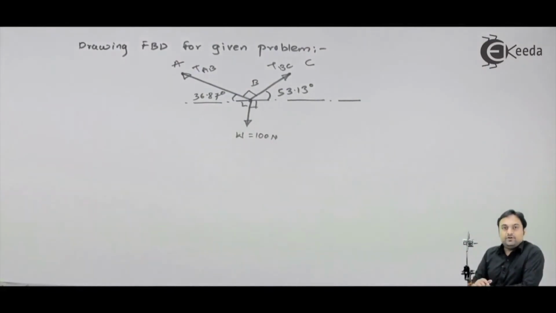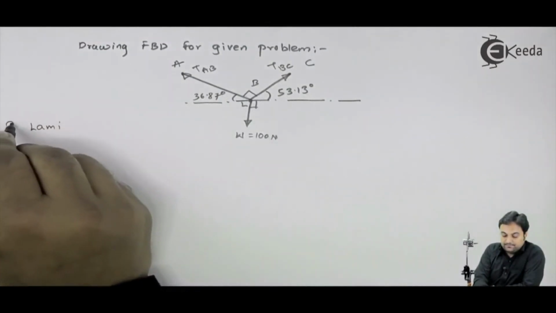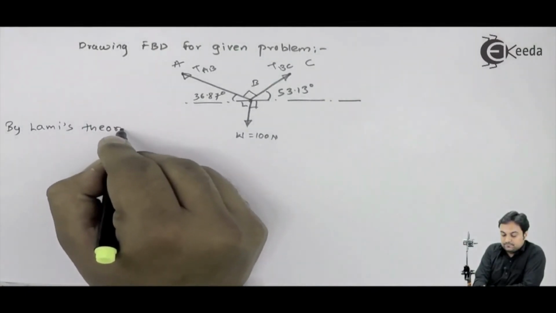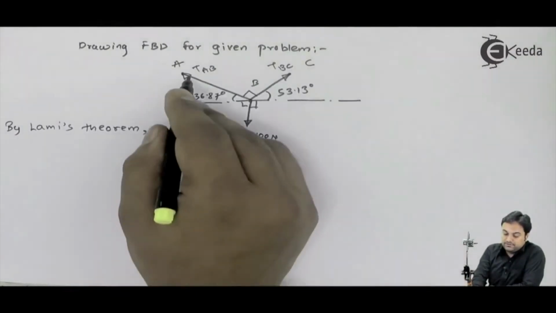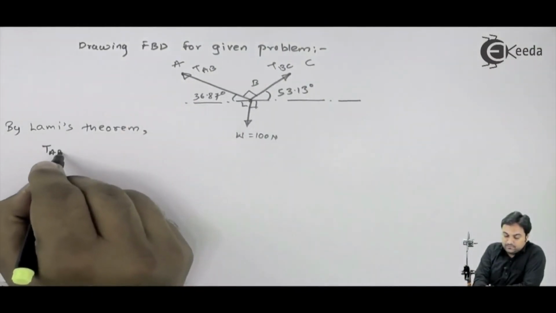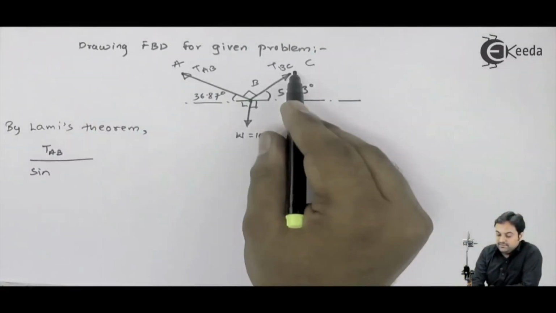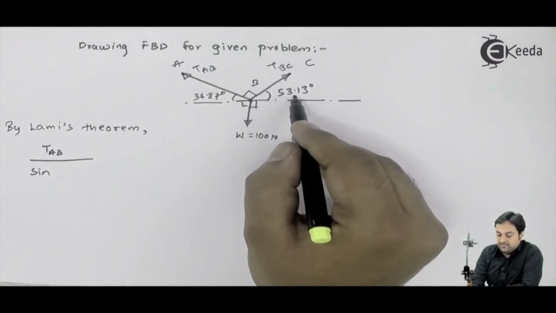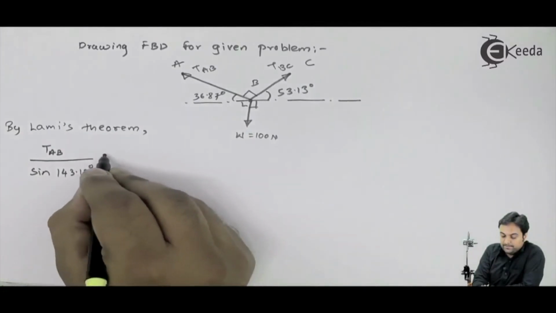Now, since we have three concurrent forces and their angles, I can apply Lami's theorem. So by Lami's theorem, I can say that TAB upon sine of angle between TBC and W, so it is 90 plus 53.13, that will give me 143.13 degree.